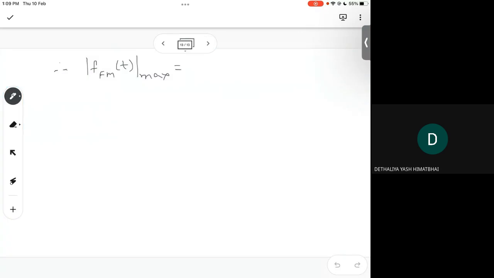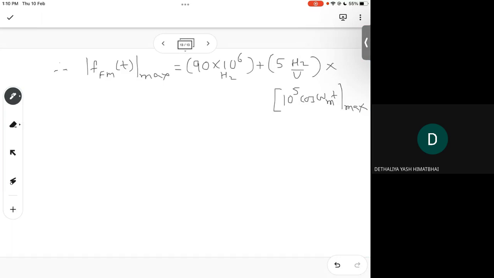So in this case, it becomes 90 into 10 to the power 6 hertz, okay, plus 5 hertz per volt. Okay, so I just put the units also for your clarity, and into 10 to power 5 cos omega mt, maximum value of that. Okay, so this becomes my this one. So I can solve it again.